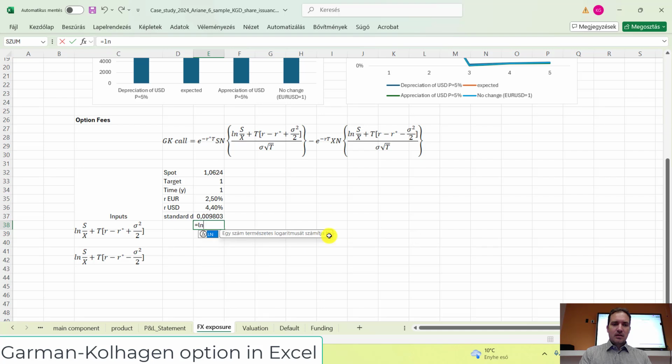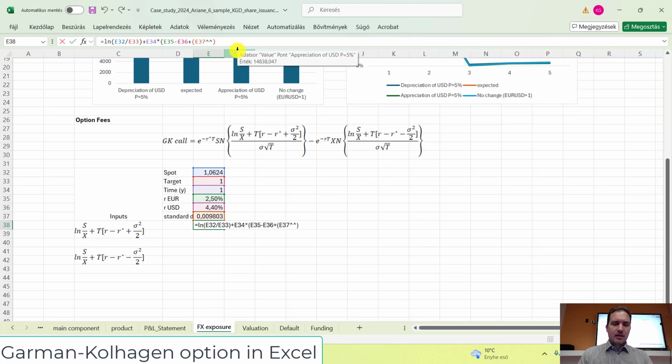So, ln spot rate divided by targeted rate plus time times domestic minus foreign interest rate plus standard deviation on the square divided by 2. This is good.